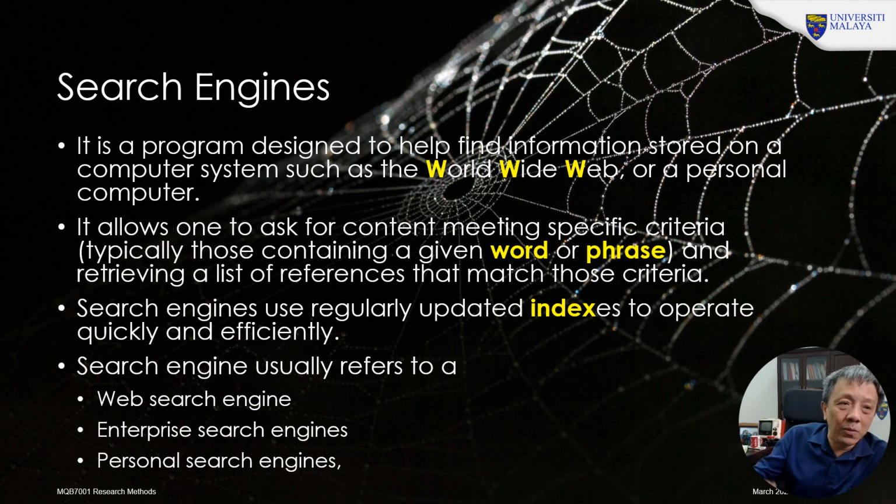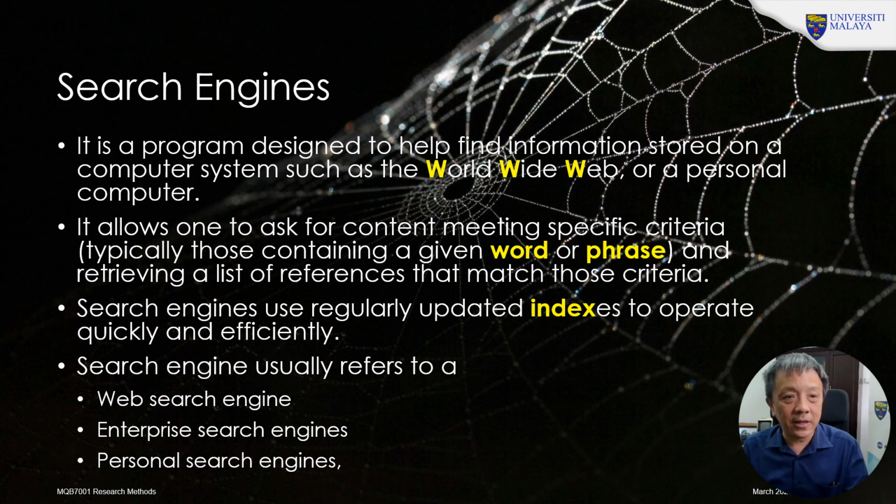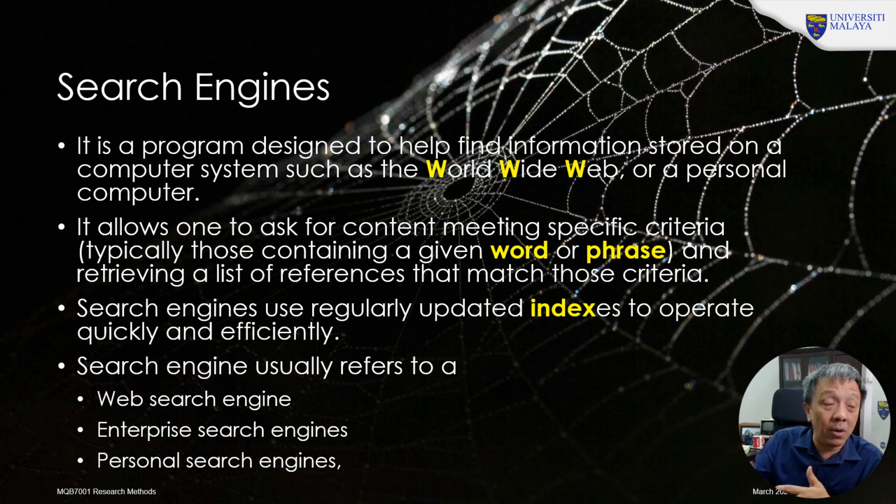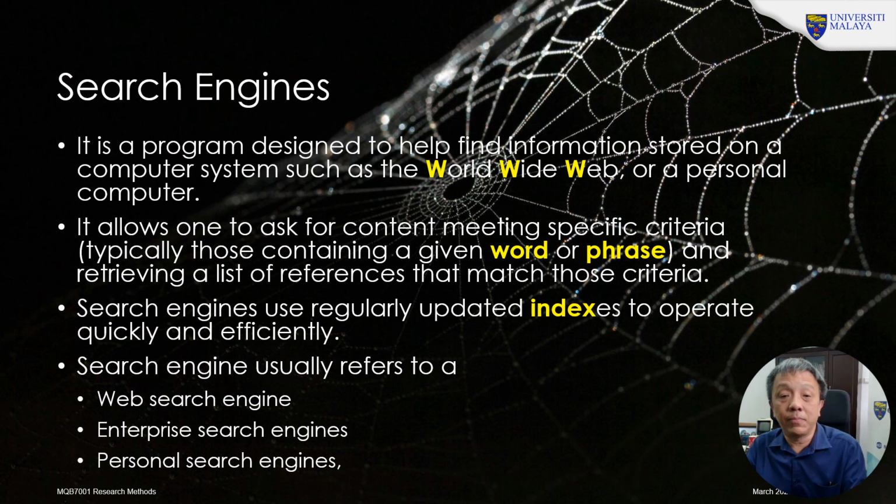It allows one to ask for content meeting specific criteria, typically those containing a given word or phrase, and retrieve a list of references that match those criteria. Search engines are regularly updated and indexed to operate quickly and efficiently. Search engine usually refers to web search engine, enterprise search engine, or even personal search engine that searches your own computer. Enterprise search engines are search engines that search the whole computer or server in a company.